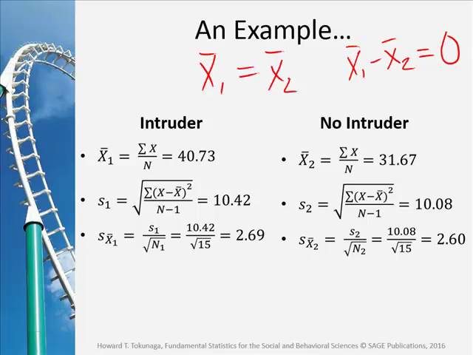Okay. I want you to think of it this way. I'll write it like that a lot in the null hypothesis, but I want you to think of it as the difference between the means.